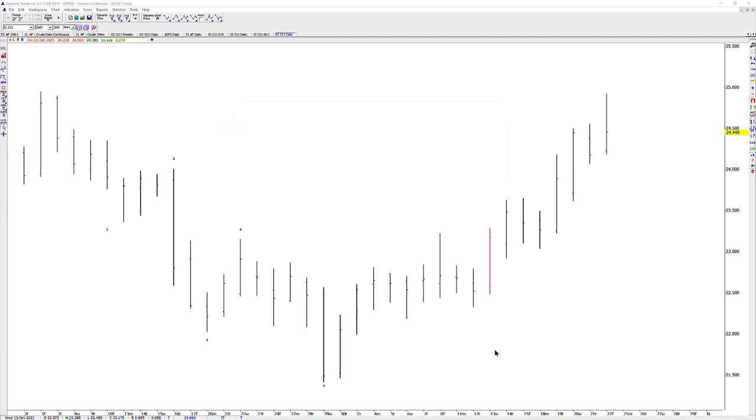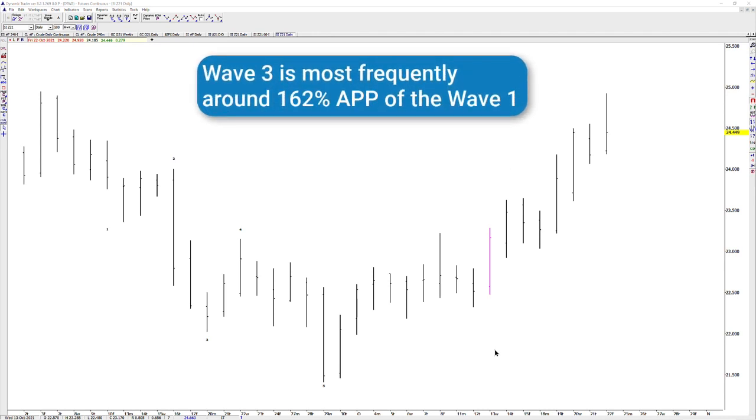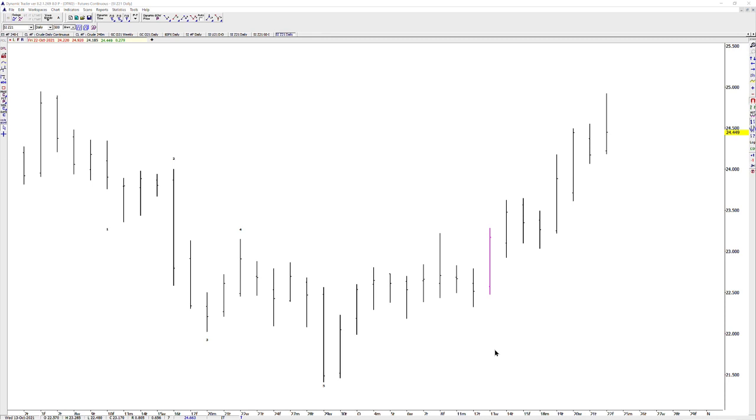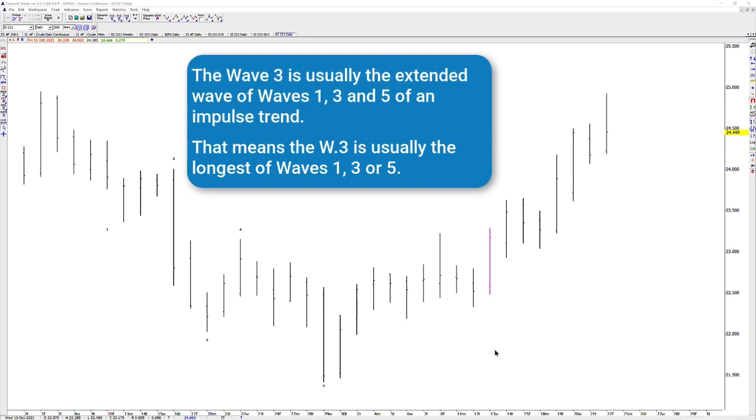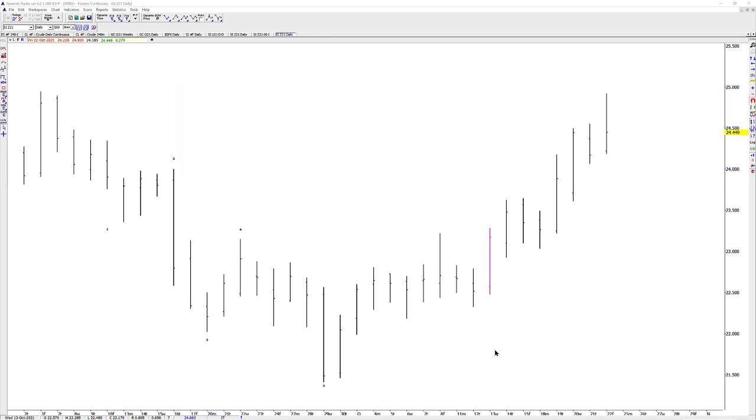And that key relationship is a wave 3 is most frequently around 162% of the range of a wave 1. So typically a wave 3 is what we call the extended wave of waves 1, 3, and 5. Extended waves means that wave 3 is usually longer in price and also usually in time, but not always, than the wave 1 and the wave 5, the two other impulse trends within that 5-wave impulse trend.